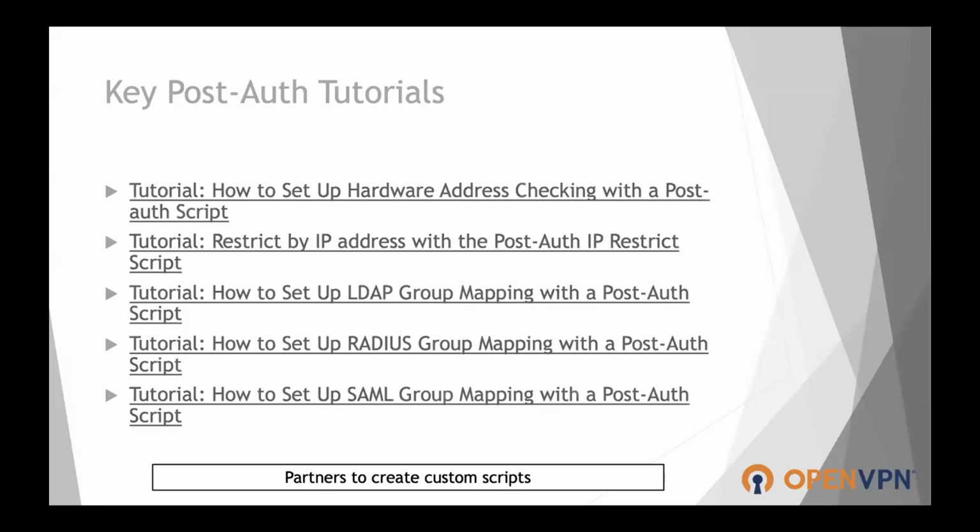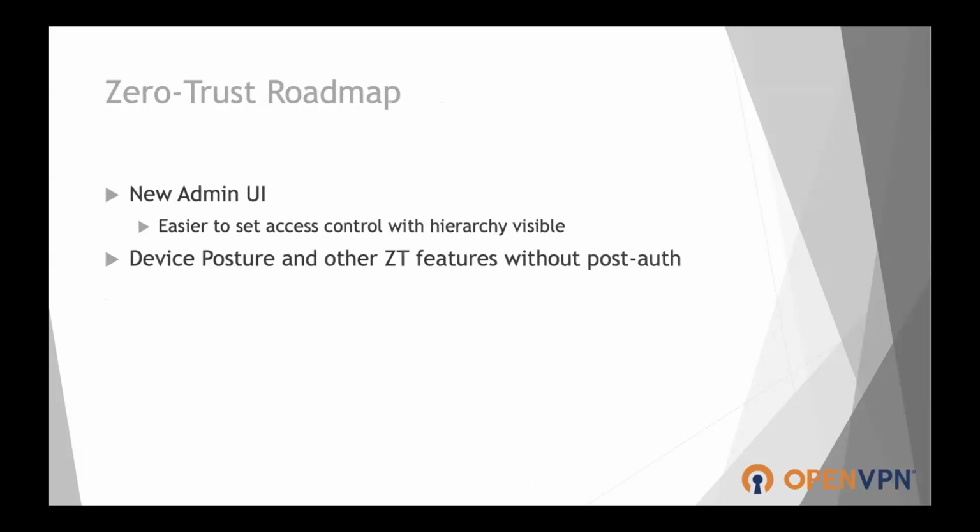So, the zero trust principle of continuously verifying cannot be done right now with the post-auth method. But that is part of our roadmap. So device posture checks and other zero trust features and controls without post-auth is one of our roadmap features.